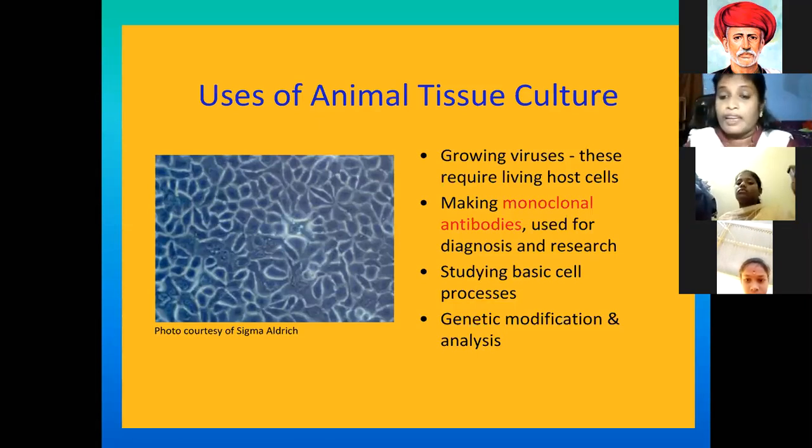Okay, next, animal tissue: studying basic cell processes. Studying the cell processes is called animal tissue. Okay, next, genetic modification and analysis.